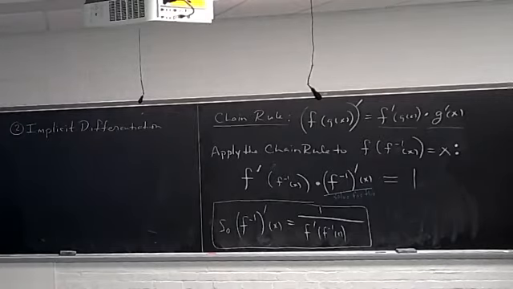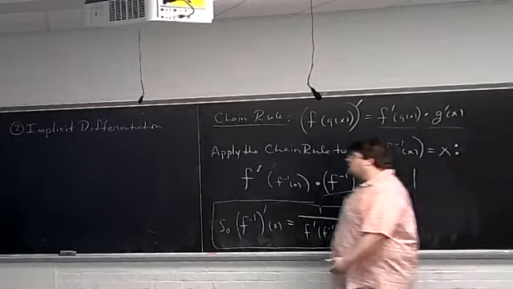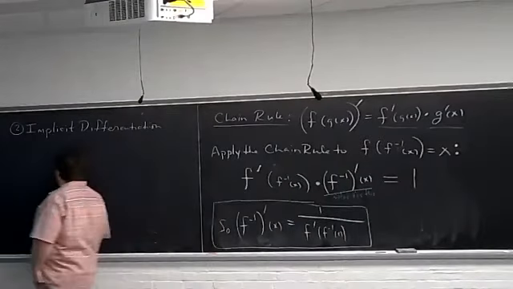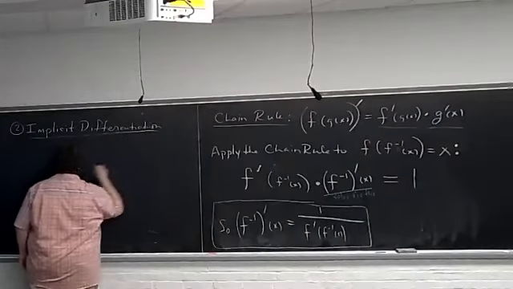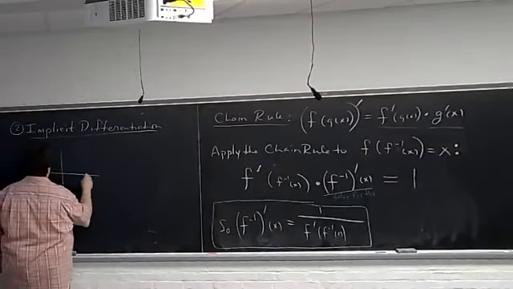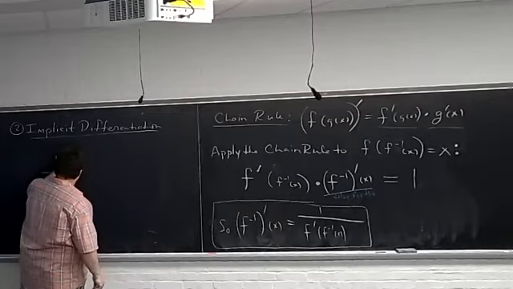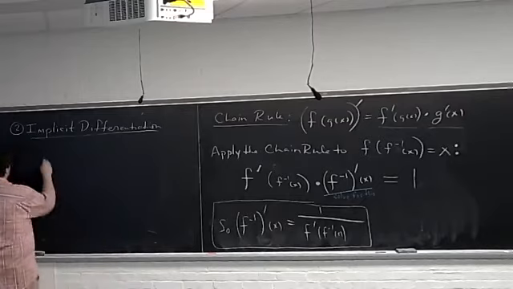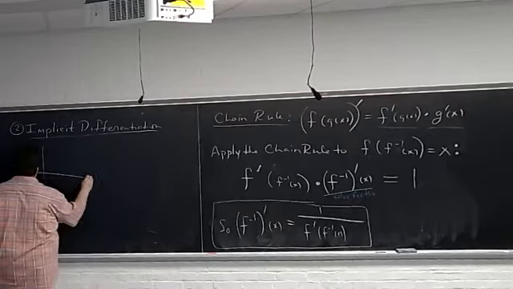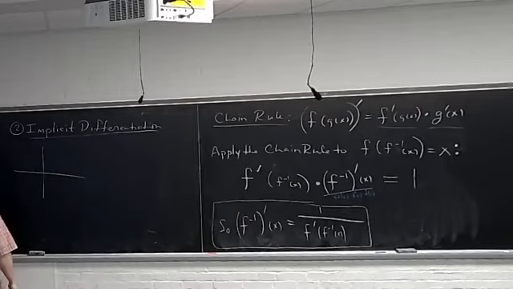So let's look at another consequence of chain rule. We're going to call this next one implicit differentiation, but to get there, let's make an observation. Right here, we have a circle.